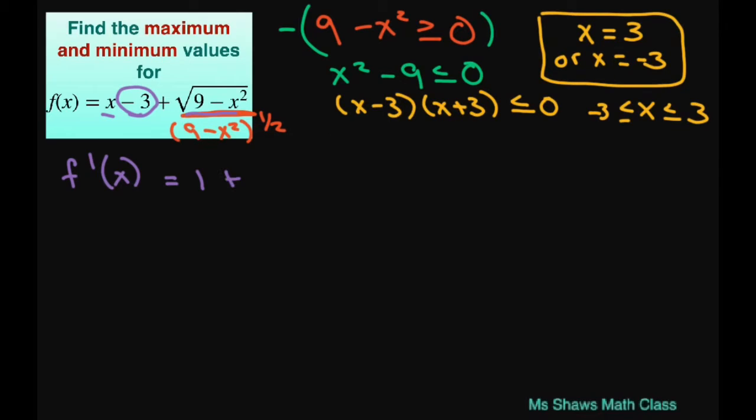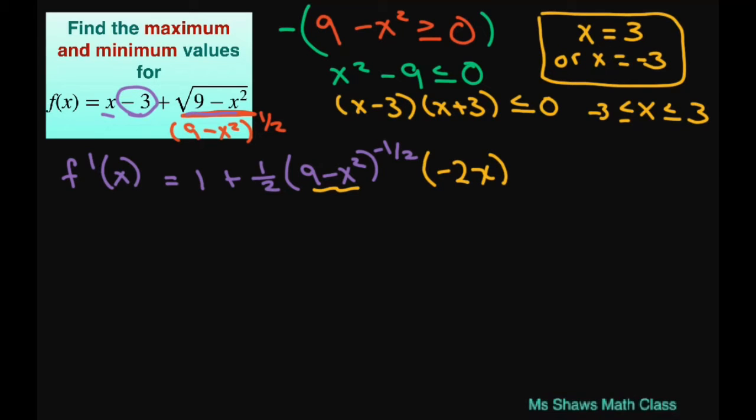Now we just have to differentiate this. Using the chain rule, this is going to be 1/2 times 9 minus x squared to the power negative 1/2. Then you also have to differentiate this inner function, which is negative 2x.